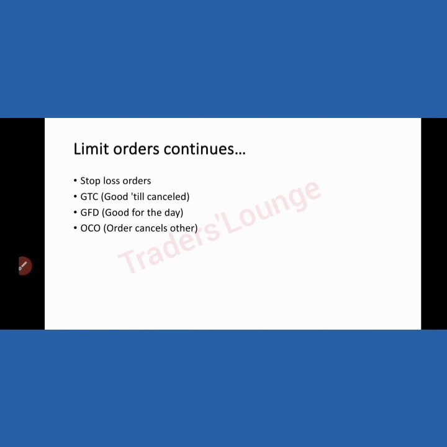And the last one, OCO, order cancels order. I usually use this kind of pattern for news trading. If I want to trade news, I place one up, so that in case the market fires uptrend, it's going to pick it there.